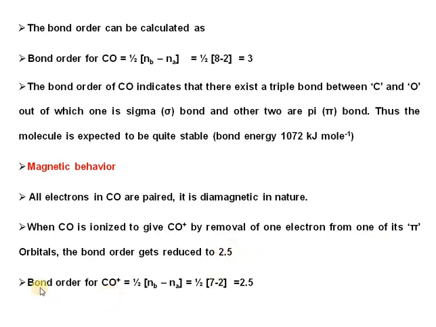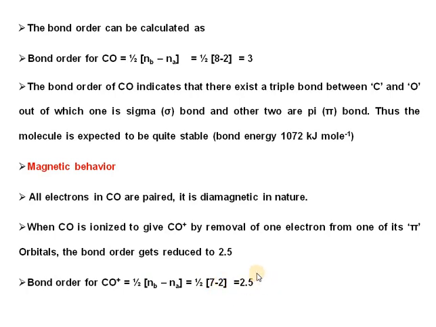Therefore, the bond order for carbonyl cations like CO plus is equal to one half Nb minus Na, where one of these electrons is removed, so 5 minus 2 is equal to 2.5.